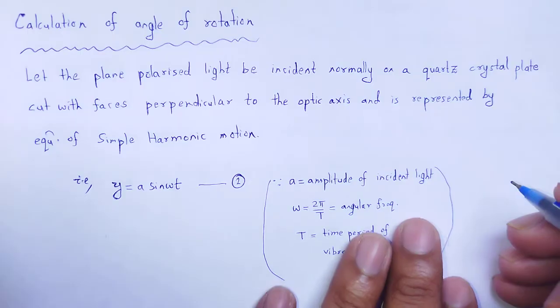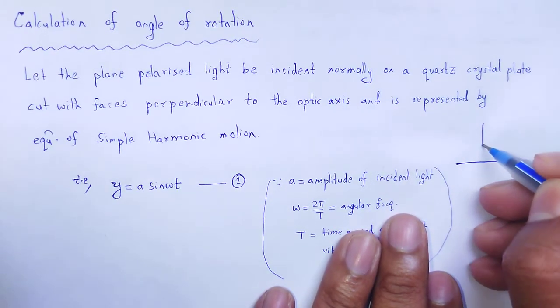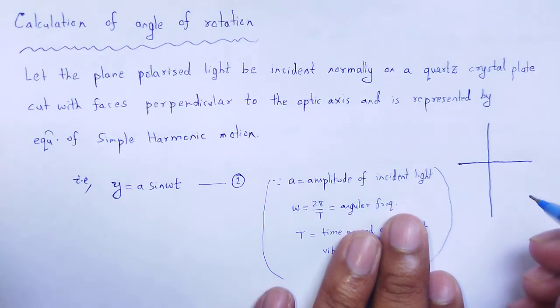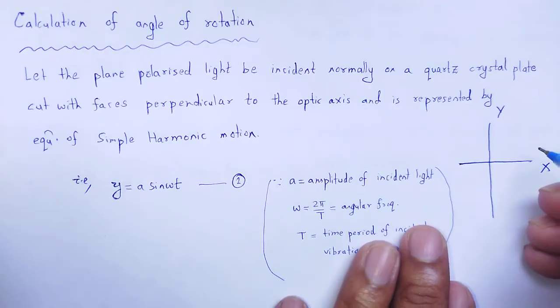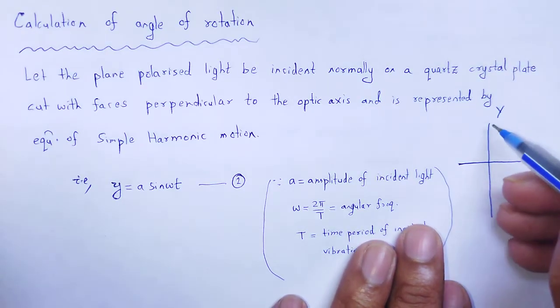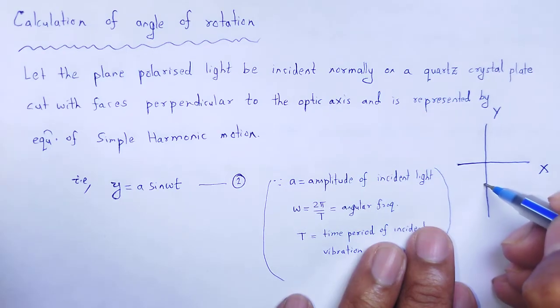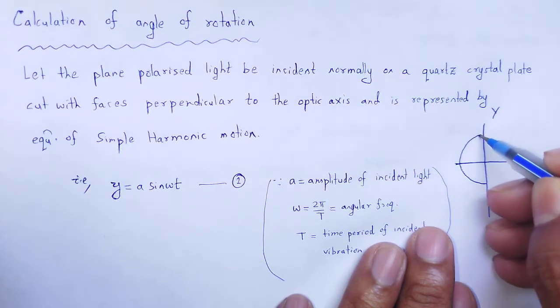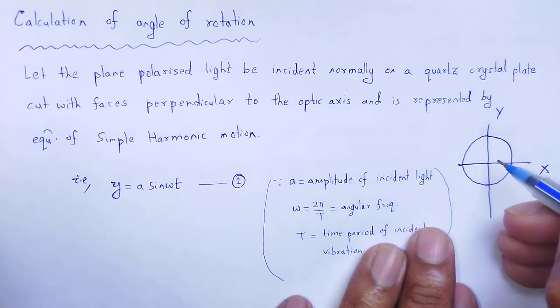Let me consider this is the x direction, this is the y direction, and the y direction is along the optic axis of the quartz crystal, and light is incident along the optic axis.